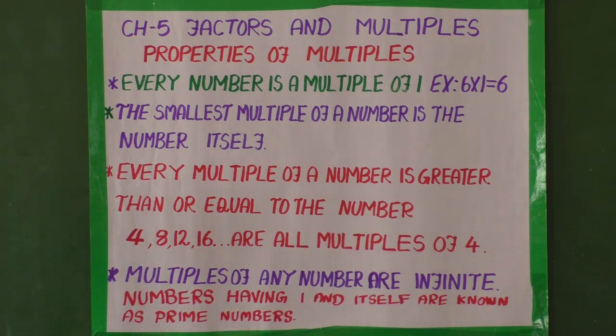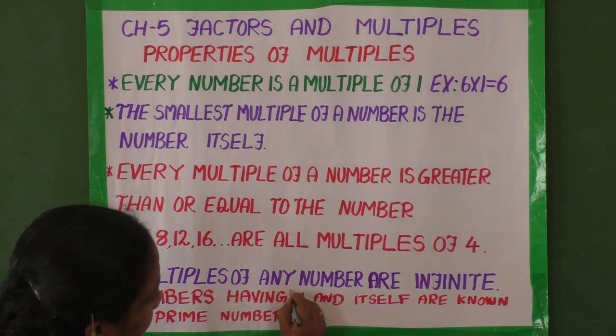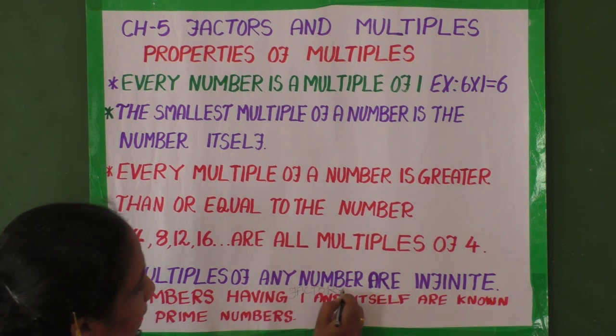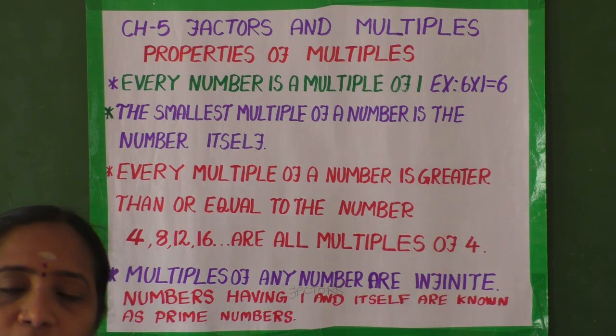Numbers having only 2 factors, 1 and itself only, that kind of numbers we call prime numbers.